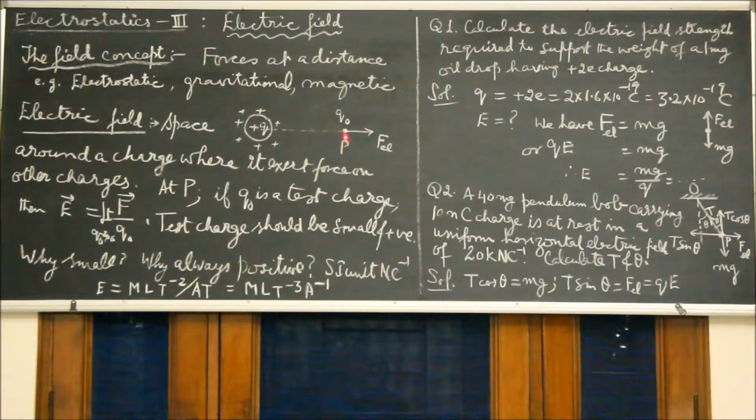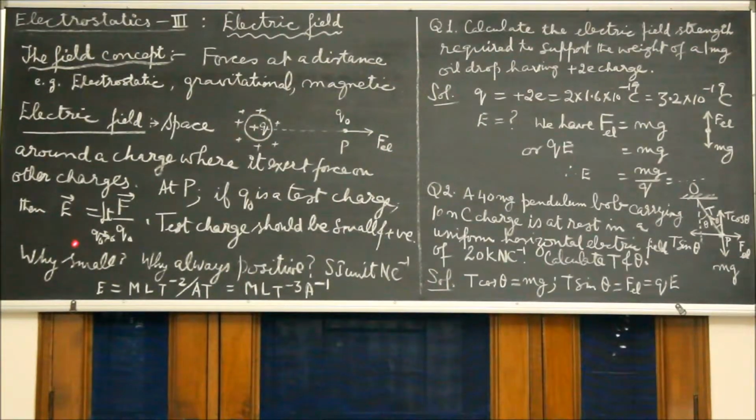For the purpose, we keep a small positive test charge Q naught at P. This charge must always be positive and should be vanishingly small. And find out the force on this charge. The force let us denote by F electric.